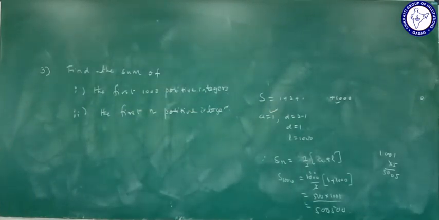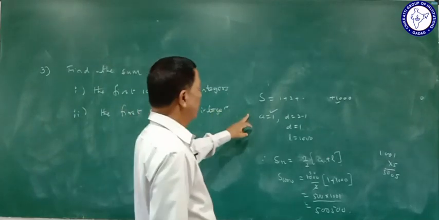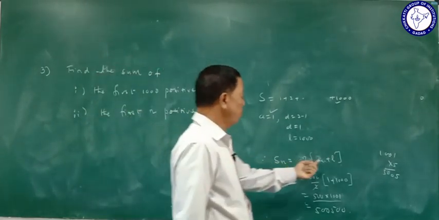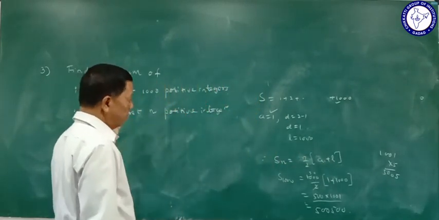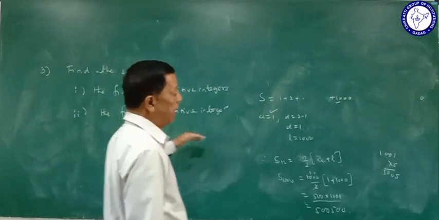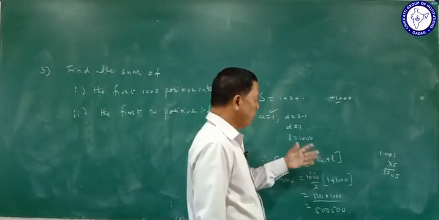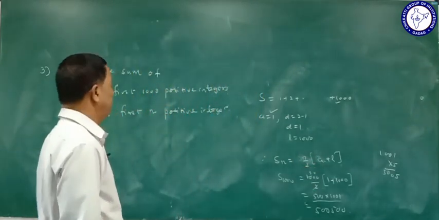So the first 1000 positive integers form an AP, but this formula is used only when there is no common difference given, and when the first term and last term are given. When no common difference is given, this formula is used, n by 2 into bracket (a plus L).